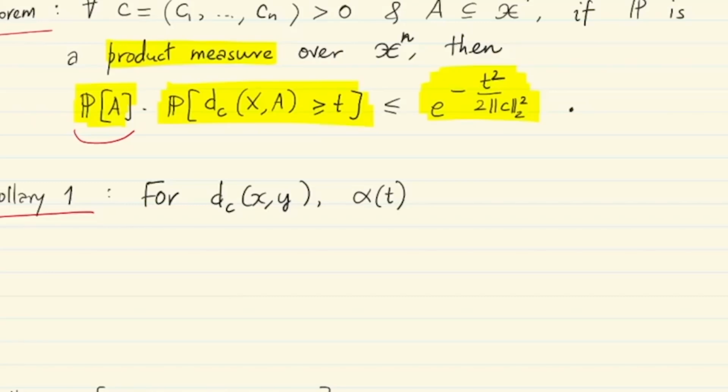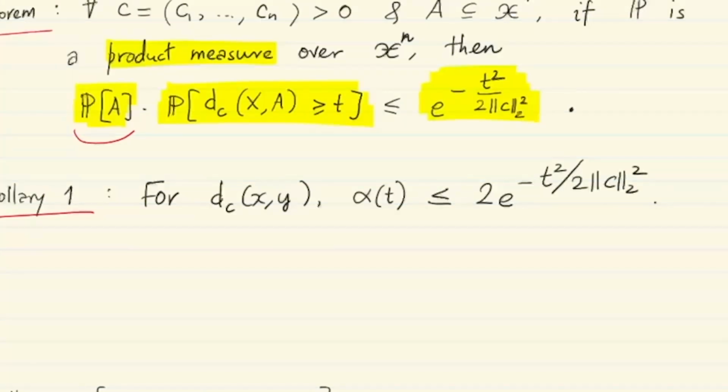So you can use the theorem to get the further lower bound on the left hand side of half times this probability here, and then move the half over to the other side to immediately get alpha of t as being upper bounded by 2e^(-t^2 / (2||c||^2)).